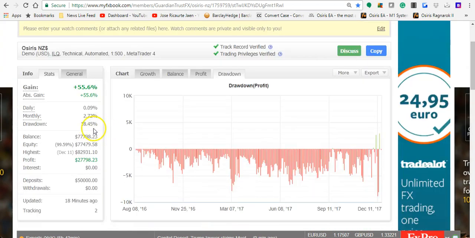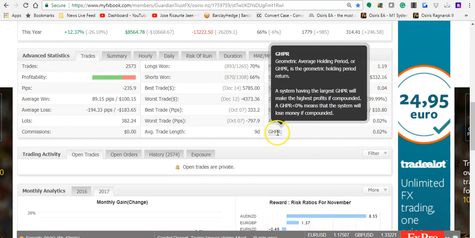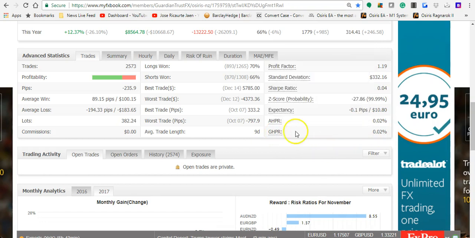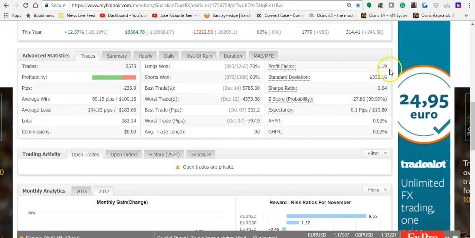Very important to understand: if you pay attention to the figures here, we have a geometric average holding and an arithmetic one that in a way says we're profitable if we compound this strategy. The profitability of the system is 69%, which is not bad, and the profit factor is 1.19. For a martingale strategy, these numbers are pretty solid.